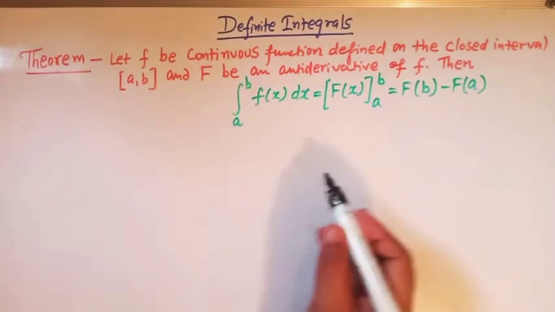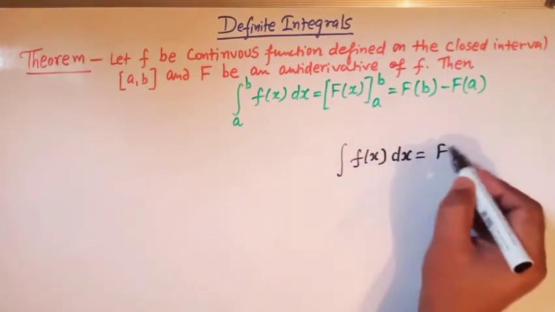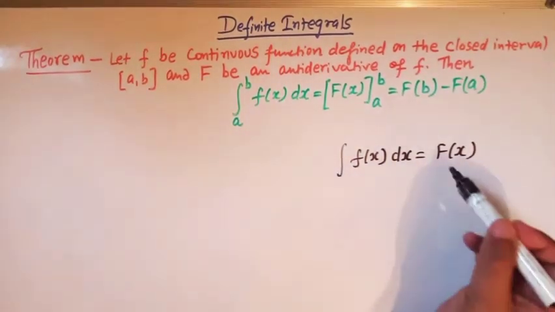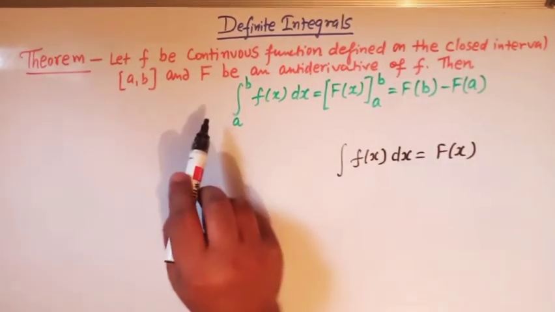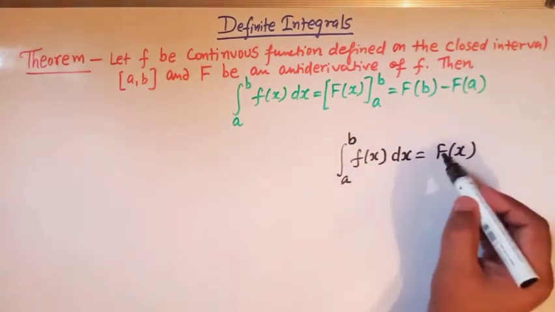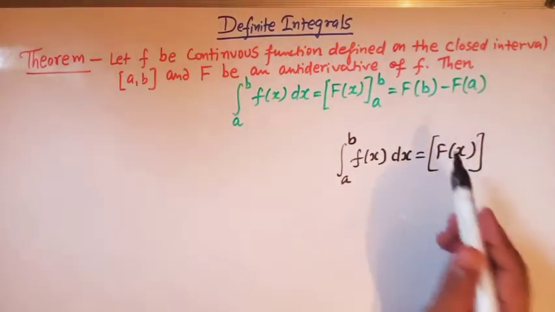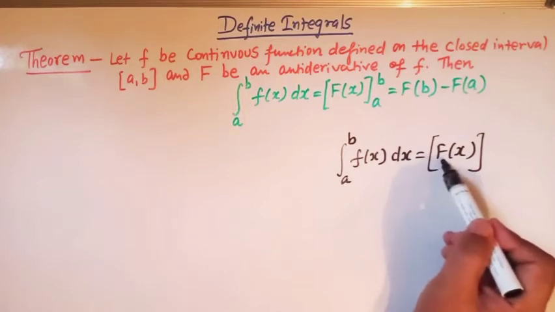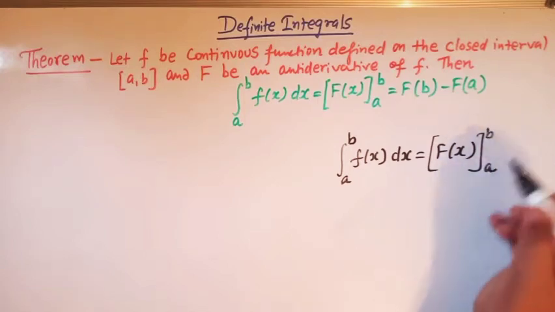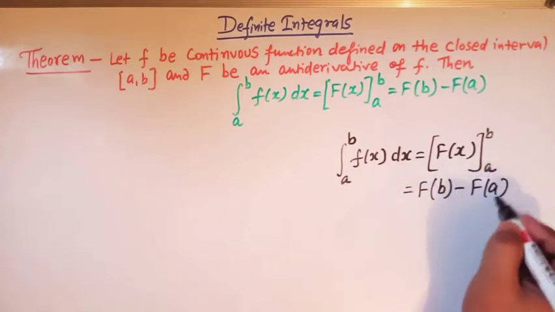Suppose the definite integral of f of x is F of x, which is also known as the antiderivative of f, then the definite integral of this function from a to b can be calculated by finding the value of this function capital F of x at b and a, right? So we write F of b minus F of a.